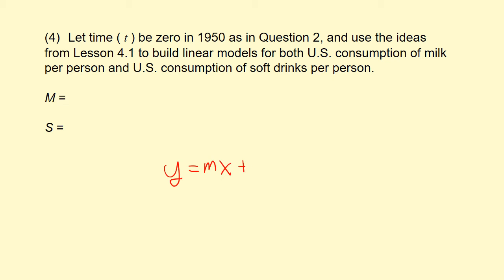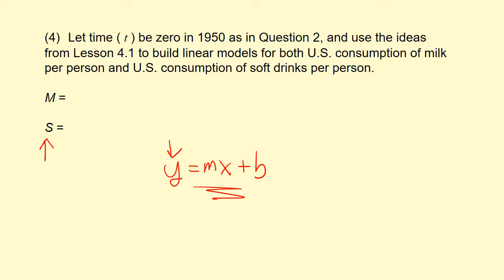equations or formulas that are in this form here. Okay, and in this case, y represents the output, and in these cases, my output is going to be m or s, and that way we know whether we're talking about the output of milk consumption or the output of soda consumption.